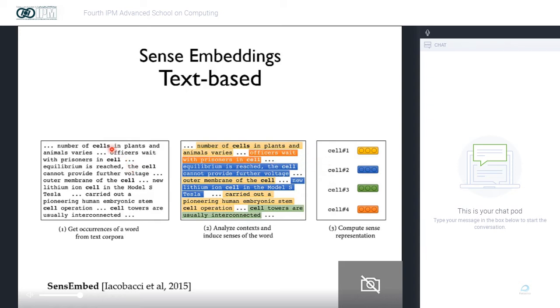So for example, here for the word cell, that can have different meanings: cell phone, prison cell, and the biological cell, etc. We can distinguish the context for the word and then learn distinct representations for each cluster of contexts.